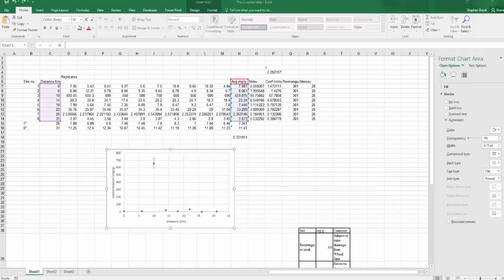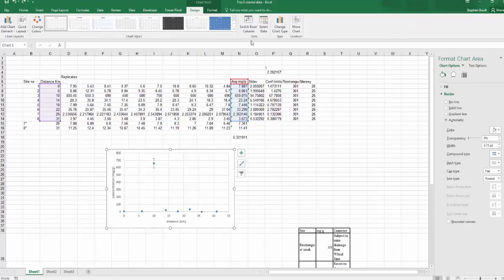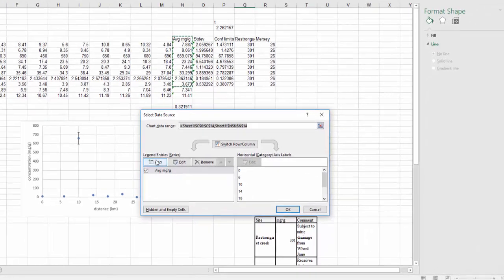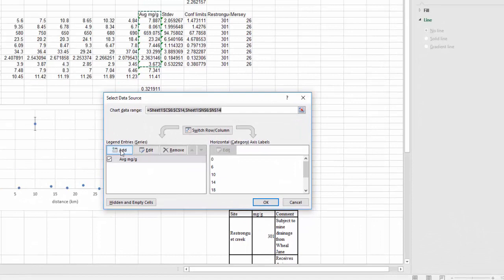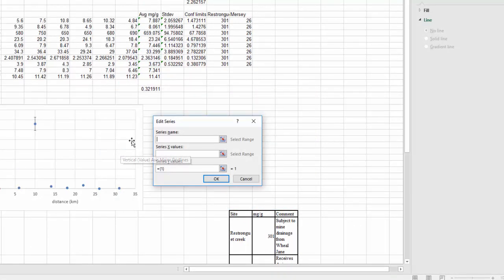And then adding these to the graph. Select the data and then add.